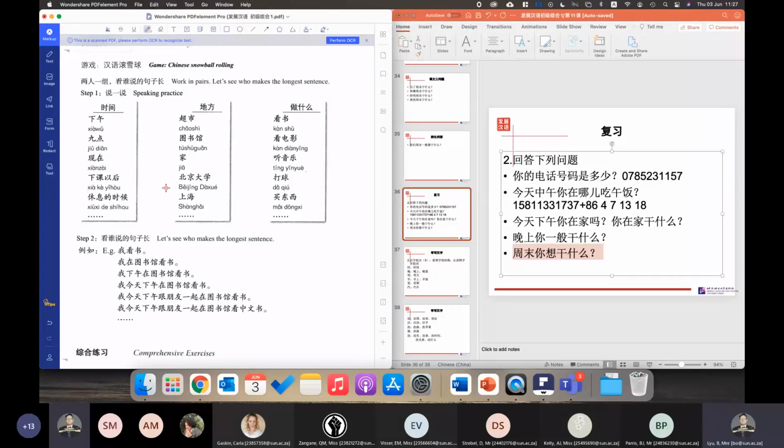Practice number 1. Let's see who makes the longest sentence. For example, this is basically inserting the different adverbials of time and place into a sentence, right? For example, 我看书. 我在图书馆看书.